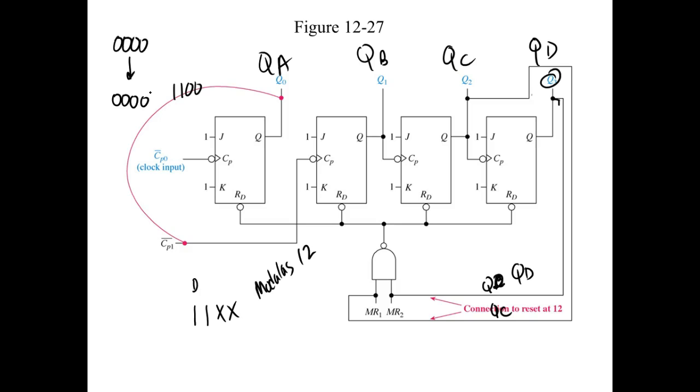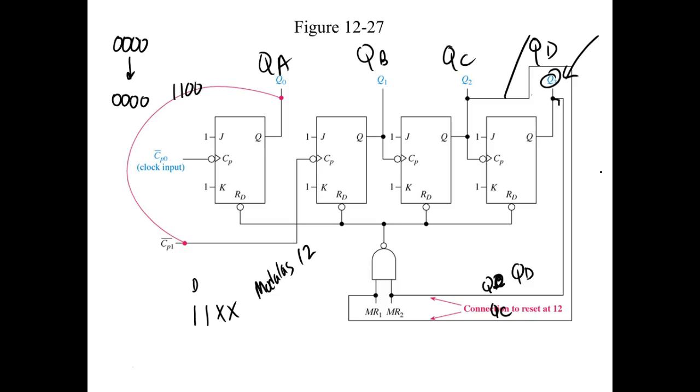So the modulus of the counter is how many counts you get, including what? 0. So we're resetting on 12, right? You understand? So the modulus of this counter is 12. And if I use the D output, it would divide by 12. So the modulus of the counter gives you what you get out of this guy right here. That would be the frequency we'd get out.